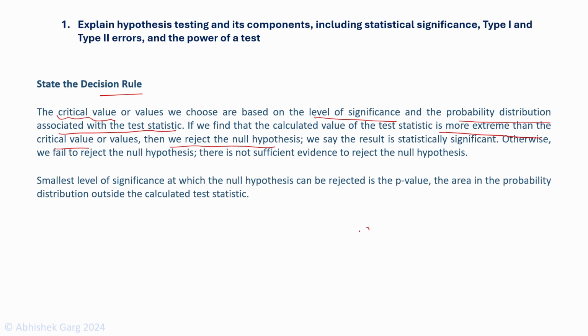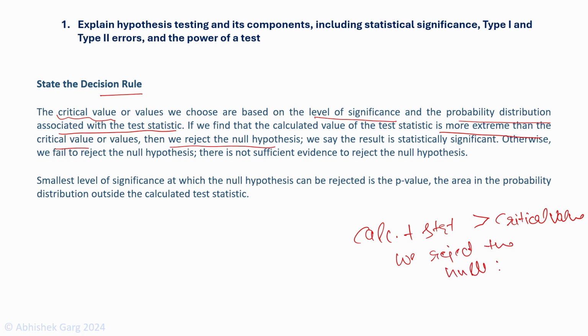That means if your calculated t-stat, or any test stat let's say, is greater than your critical value, we reject the null hypothesis. And if the value is less than the critical value, then we fail to reject the null hypothesis, that there is not sufficient evidence to reject the null hypothesis.